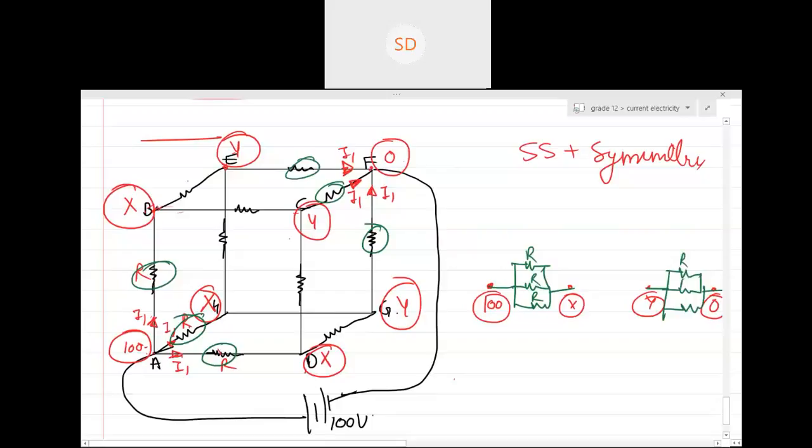How many resistors are there between X and Y? Count with me. 1, 2, 3. Here there will be one, right? 4, 5, and one more. Where is that one? 6. Where is it? D and G. So can you see 6 different resistors?